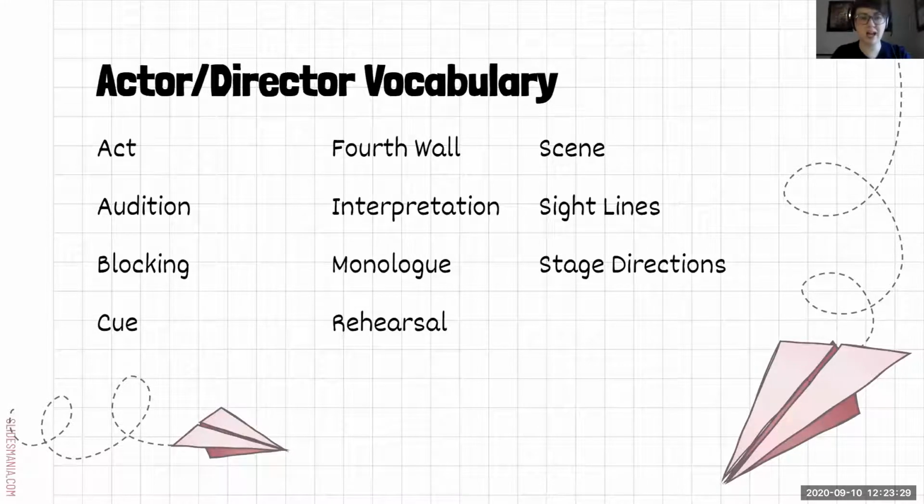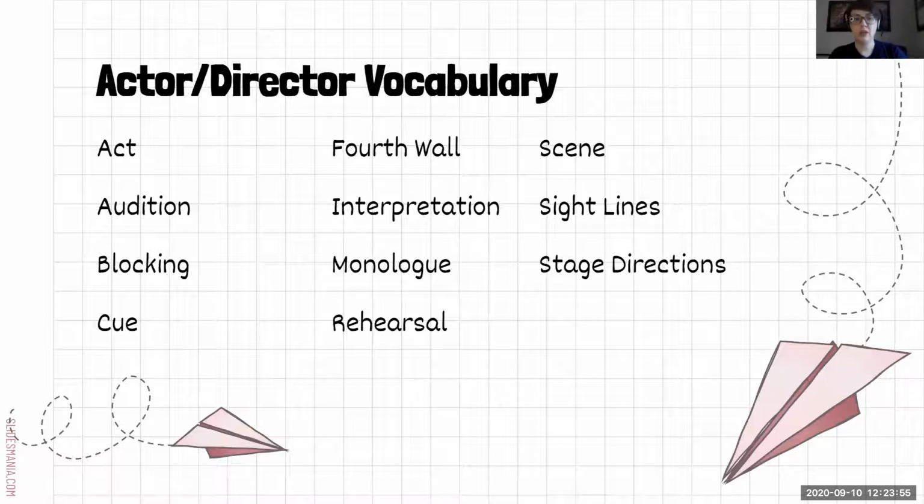So we have act, audition, blocking, cue. Okay, sight lines. All right. Okay, we'll do sight lines. Yeah, no, Giselle, you're going to do the do now in your journal, but you'll have to do it as homework. Sight lines, monologue, blocking, fourth wall. Okay. All right.